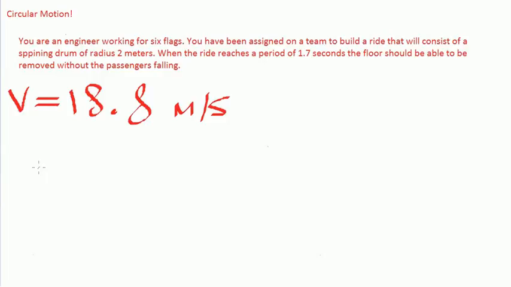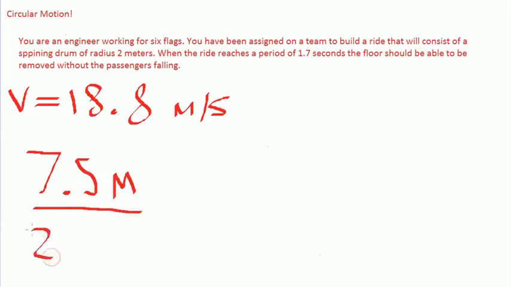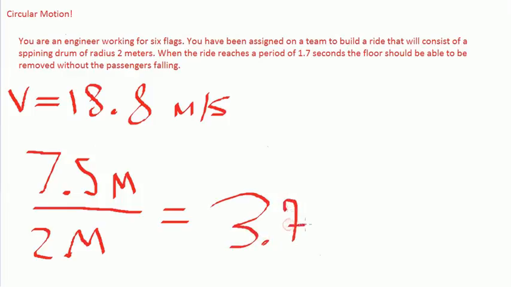And we're going to use some logic here. If the bigger ride, the Gravitron, has a radius of 7.5 meters, and the smaller one has a radius of 2 meters, then 7.5 divided by 2 is 3.75. That's basically how they're proportional.